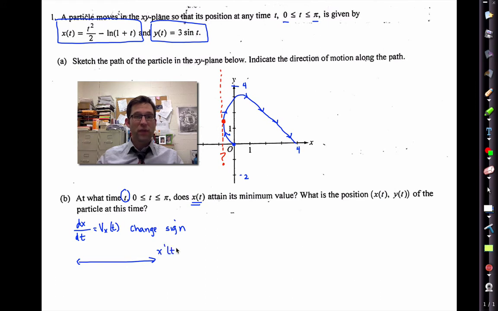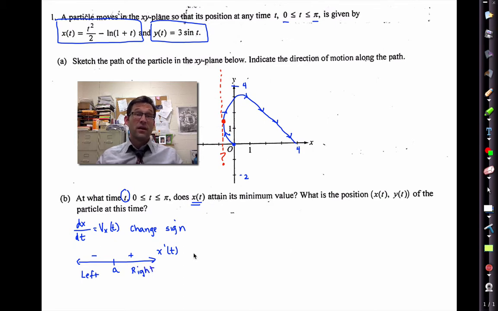We need x prime of t, whatever that point in time is, I'll just call it a, to go from negative to positive. We need it to change from moving to the left to moving right.